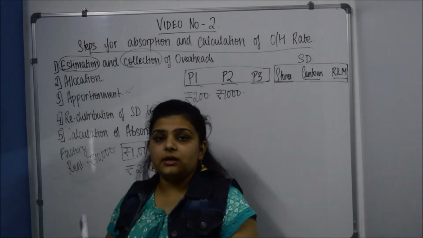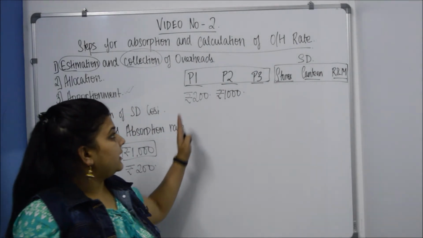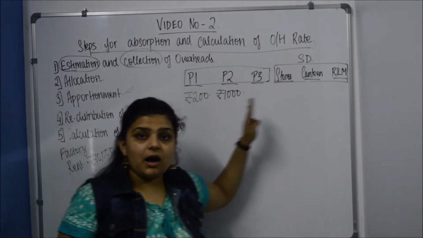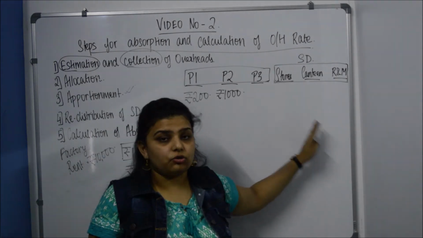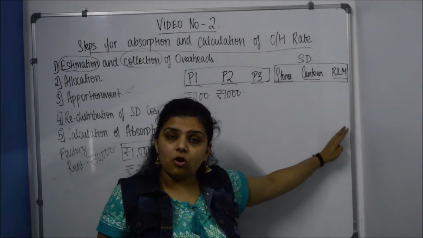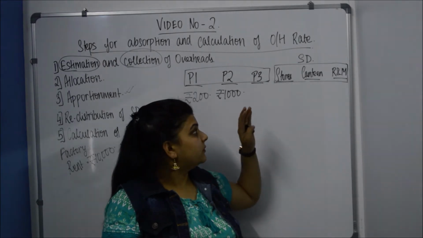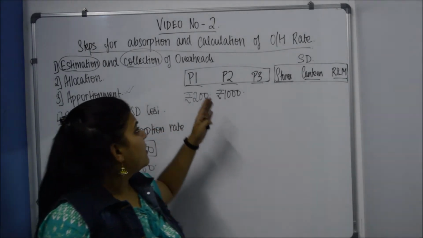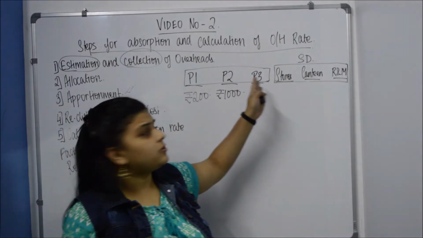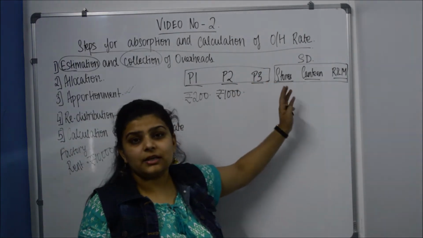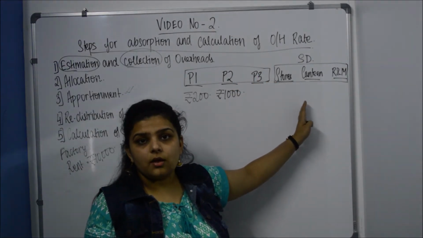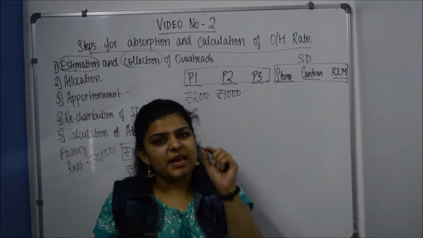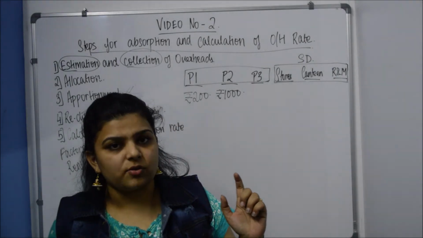Now this factory rent, do you agree that all these departments are in the factory? So the cost should be distributed among all. Now, can I distribute directly? Can I say, okay, 1,000 rupees you take, 5,000 you take, you don't take anything? Can I say like that? No. I will have to have a basis for the distribution.